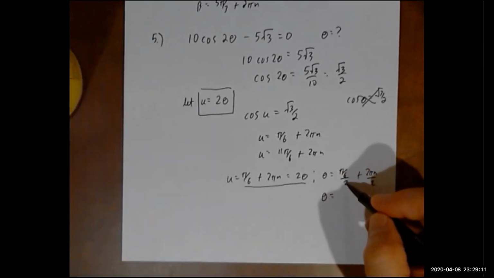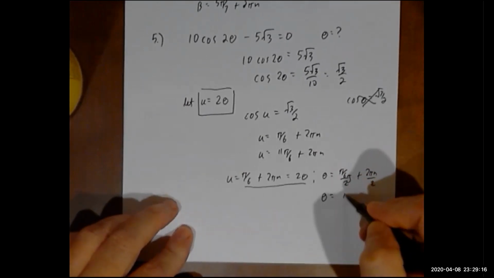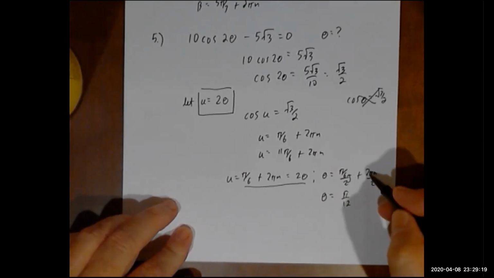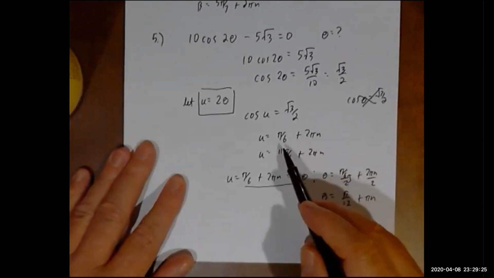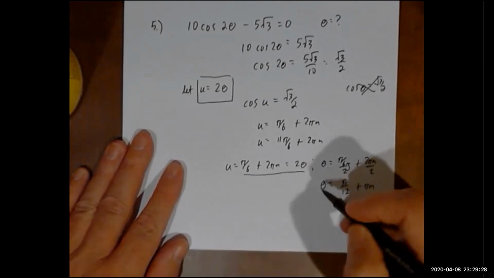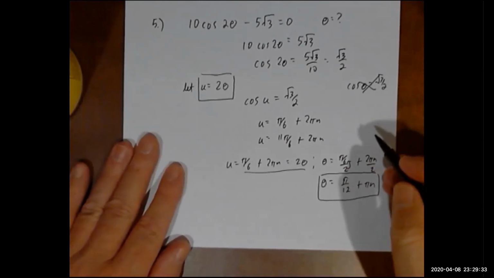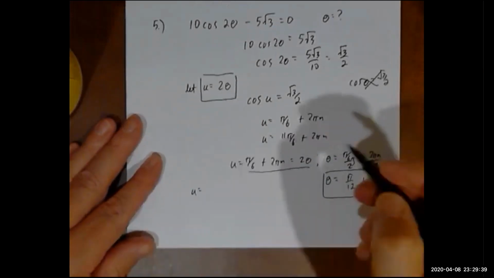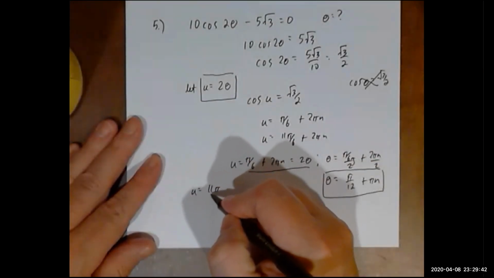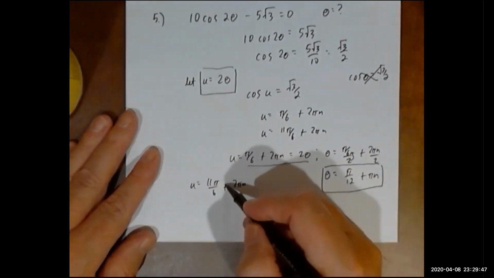When you have a fraction over a number, the shortcut is that this number just goes in the bottom. So this becomes pi over 12. The 2's here cancel out. So my first u solution, when you switch it back to theta, actually gives this. Now I need to do the same thing for my second u solution. Here's my second u solution. It was 11 pi over 6 plus 2 pi n. u equals that, but u also equals 2 theta.